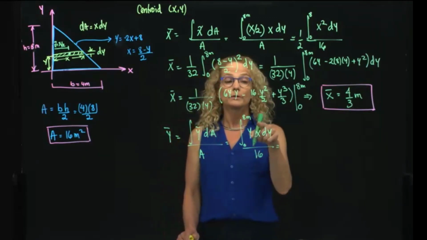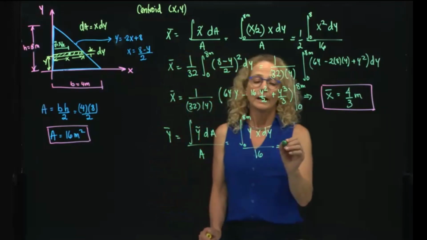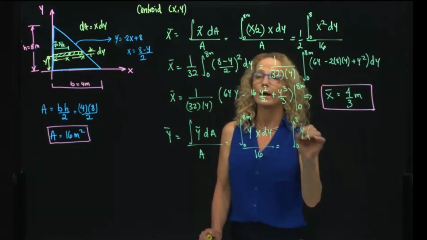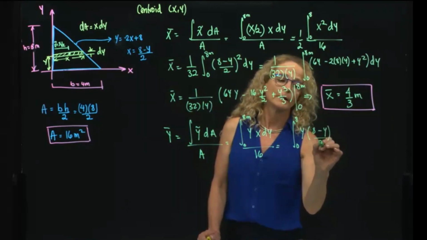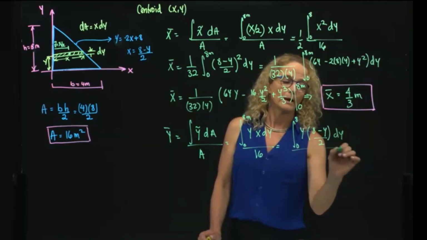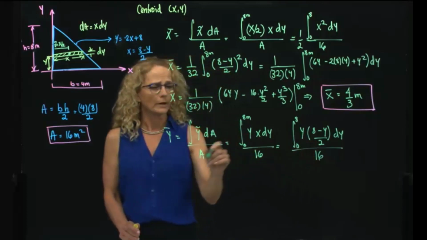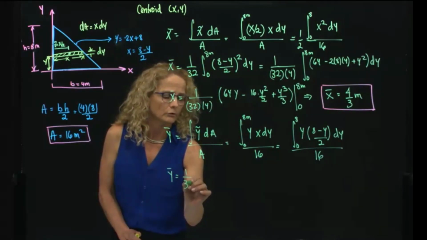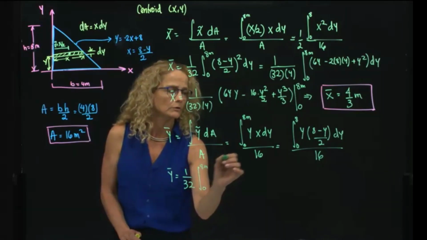I have to substitute the value of x in terms of y, right? Again, this is from 0 to 8 of y times (8 minus y) divided by 2, dy, all over 16. So I can pull that 2 out of my integral, and I get 1/32, and the integral will be from 0 to 8 meters.